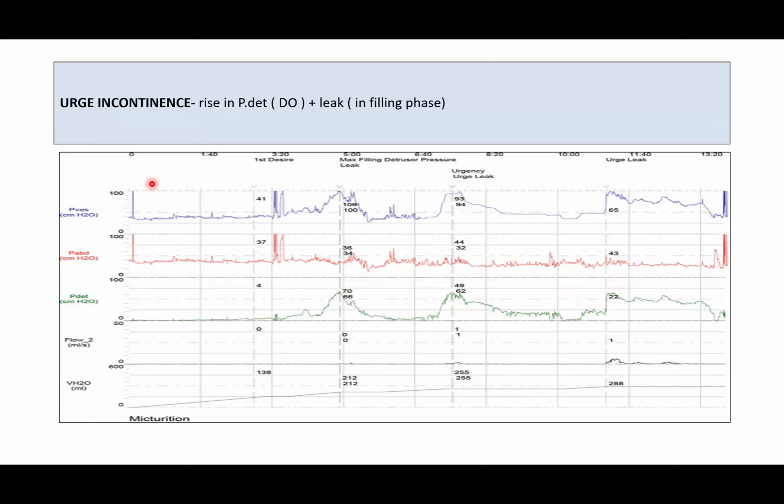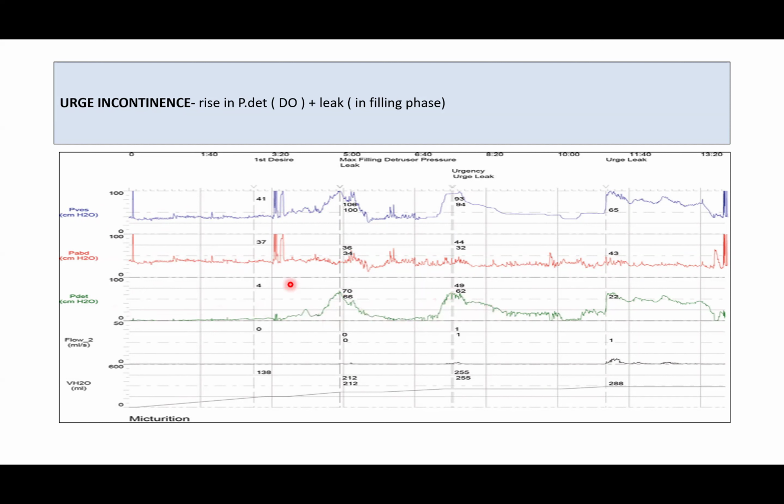So here in this one, again, check the patient's name and identity. The calibration is at 0. Then the first purple line, this one, vesical pressure, is there any rise? Yes, there is a rise here. Abdominal pressure, no rise, nothing. Detrusor pressure in the filling phase, yes, there is a rise.